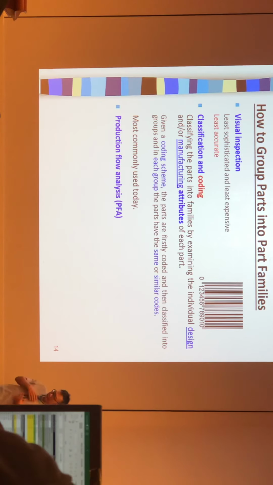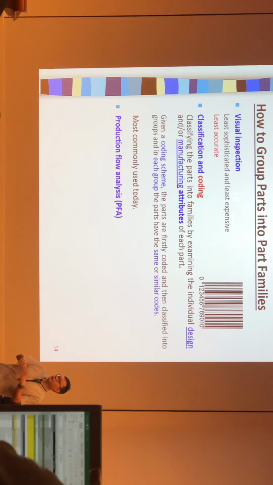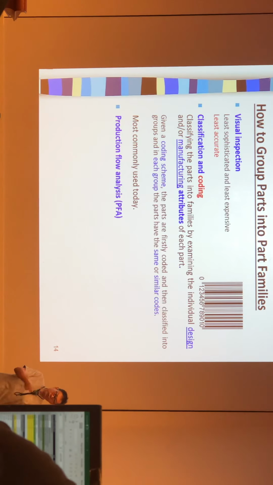Once you have these several thousand codes, one very simple way to identify a part family is for parts sharing the same code. Different parts could share this. Later we'll see, when you code a part, a component, a code cannot cover 100% of the information on the design.